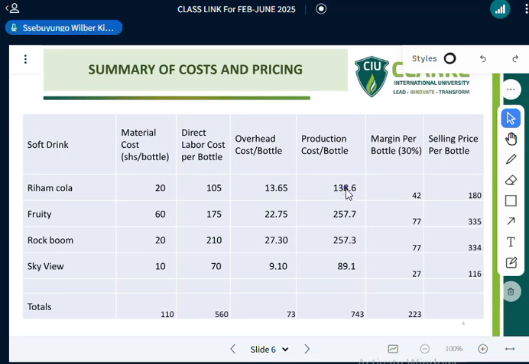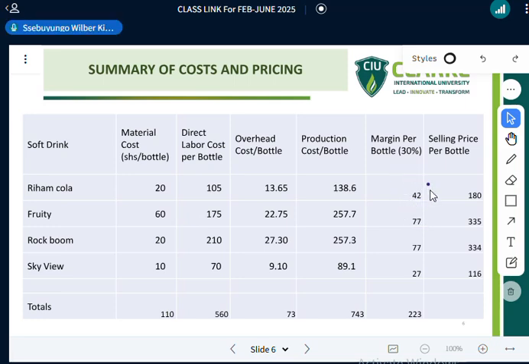Okay. Now, when I got this total production cost, the bottle is ready. Here we are not having packaging anyway. The bottle is ready for selling. But we cannot sell without making some margin. I've called it margin, which is 30%.